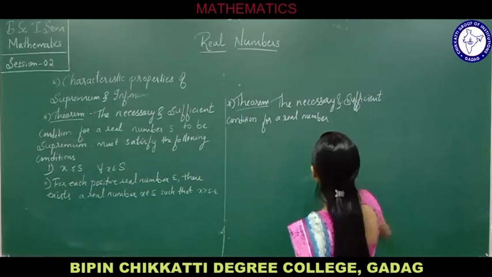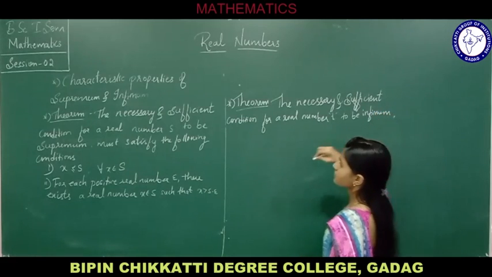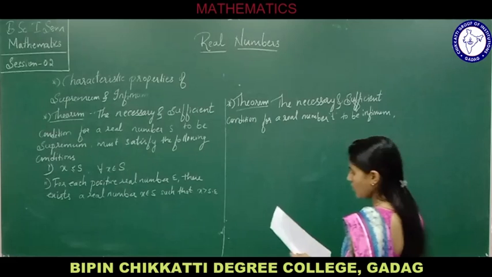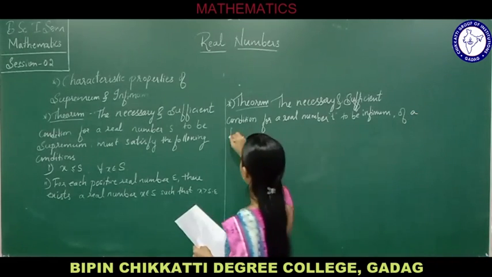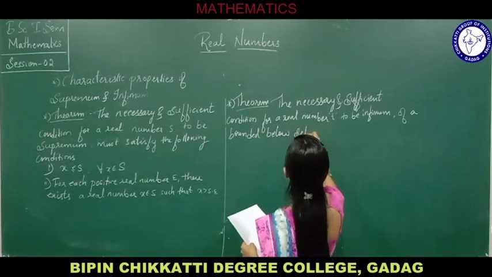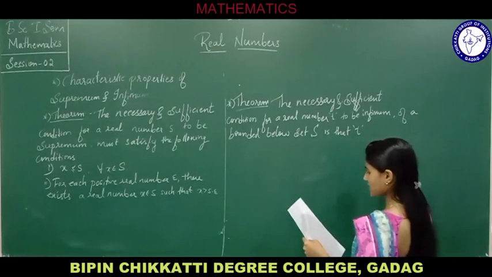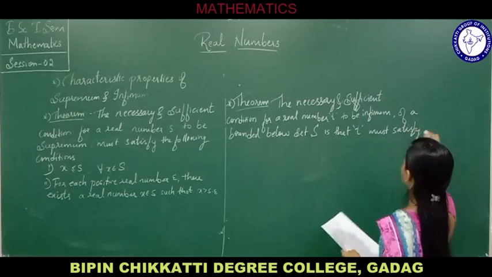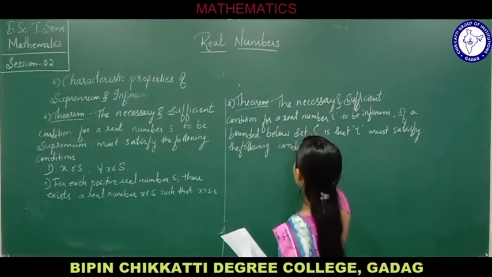For a real number t to be the infimum of a bounded below set S, this real number t must satisfy the following two conditions.